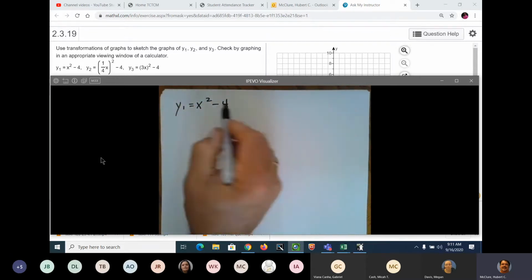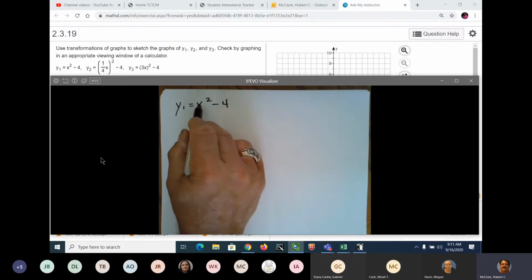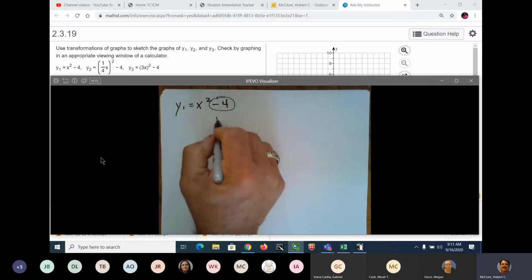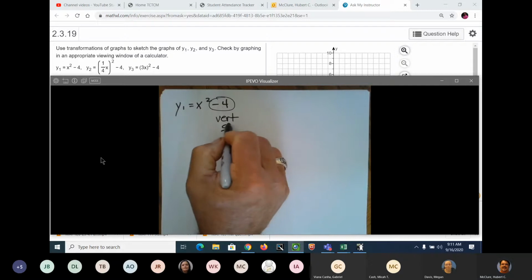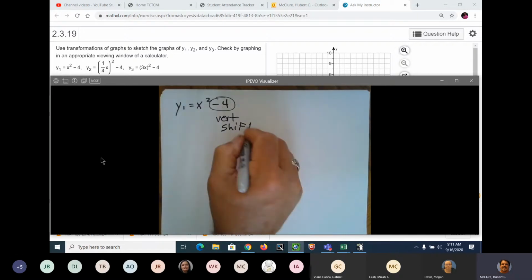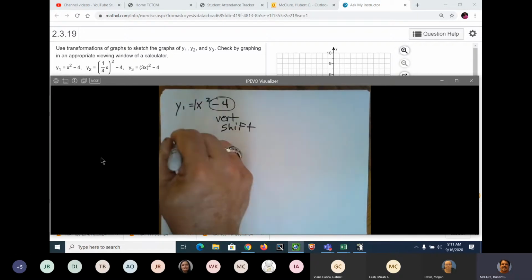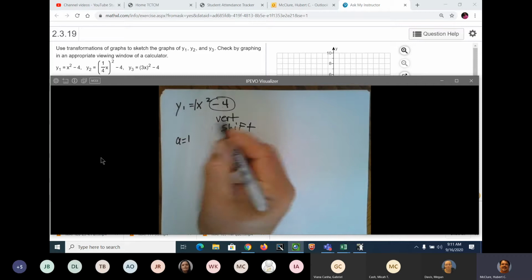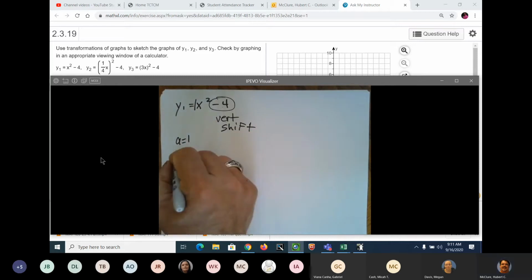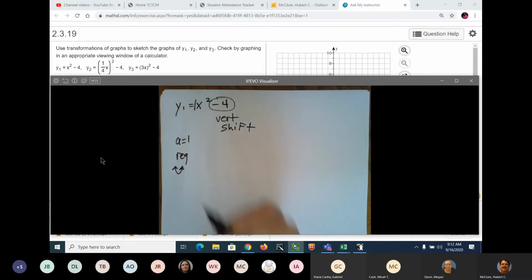Well, since the 4 is not attached to the x, this is a vertical shift. And we know that a is equal to 1, so that means it's a regular parabola. And that's pretty much it.